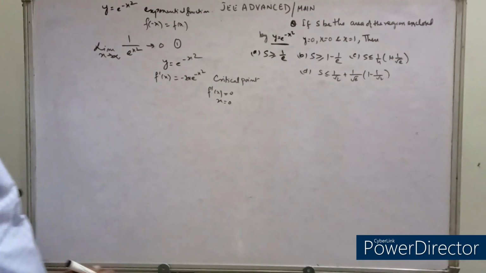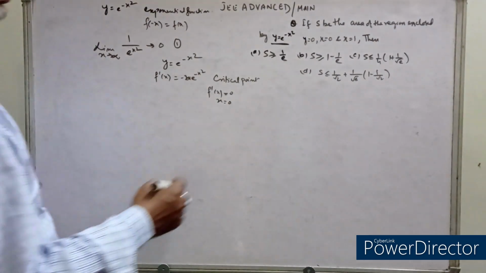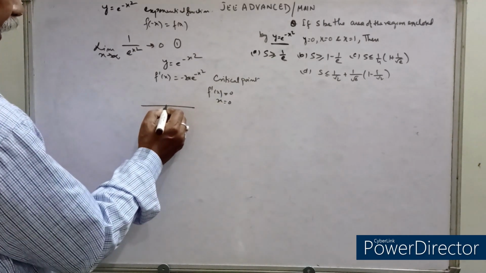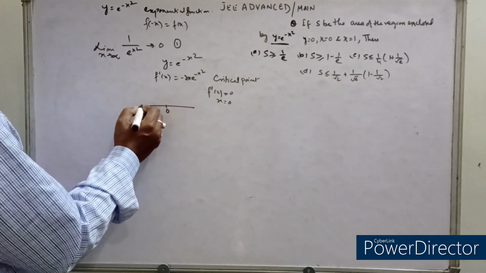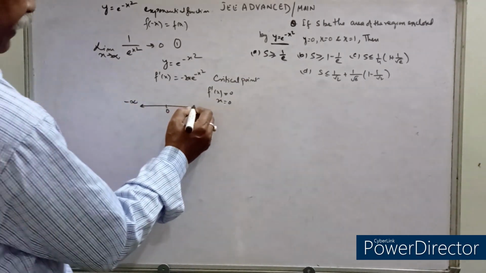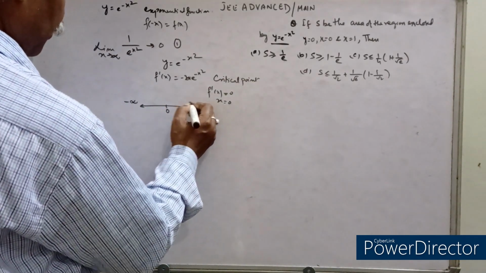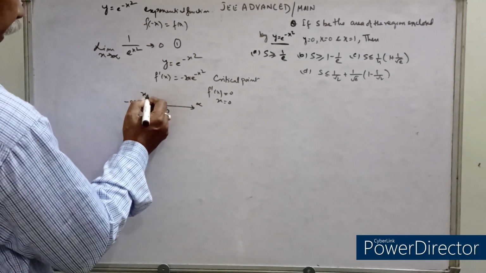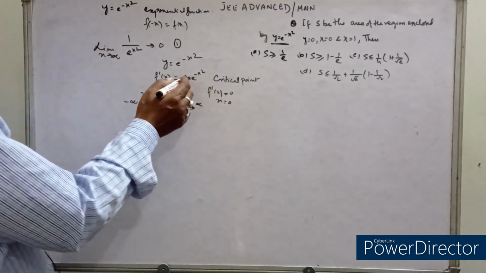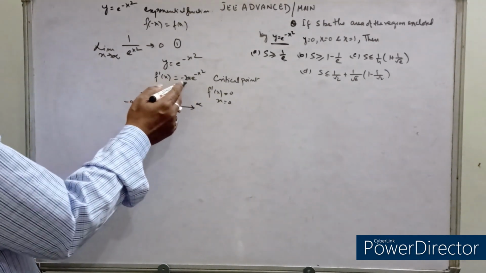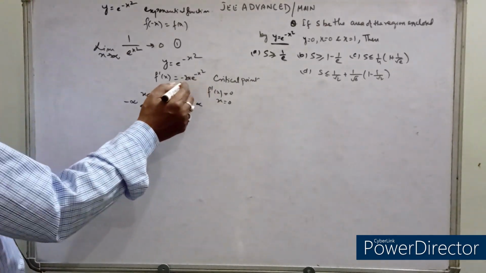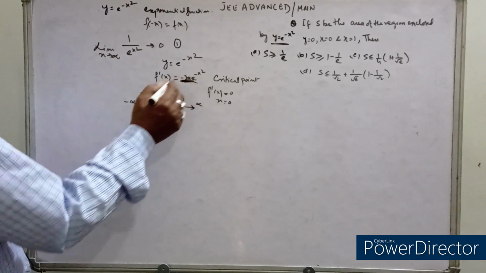So here let us see what happens. At x equal to 0, this is 0, this is minus infinity, and this is plus infinity. If you take a value of x less than 0, what do you find? It will be positive. And if you take a value of x greater than 0, what will you get?